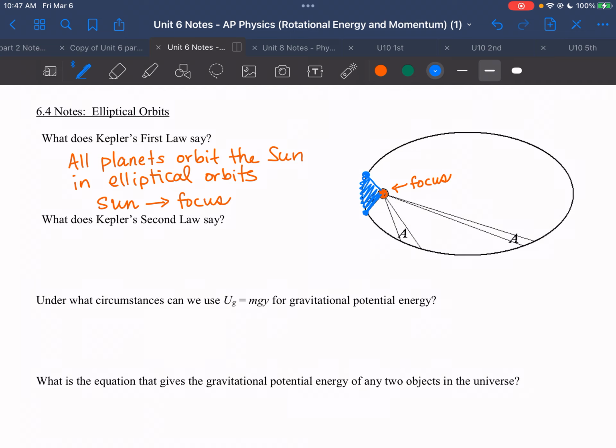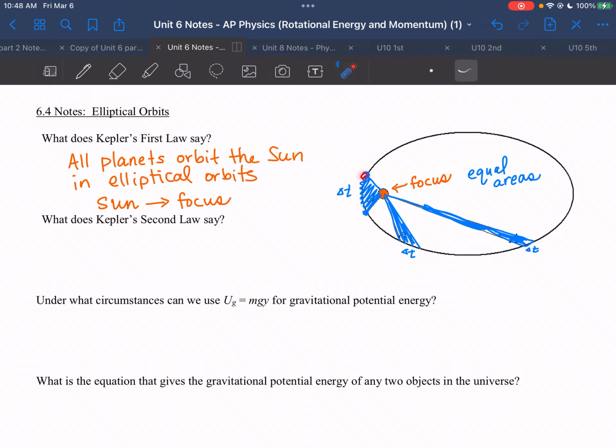So if you look at a different location, so we decide to take 1 day or 1 year, 1 month, whatever that time period is, if you take the area here, that is going to be exactly the same as the area here. All of these have equal areas, assuming that it's the same amount of time, the same change in time at each of these locations.